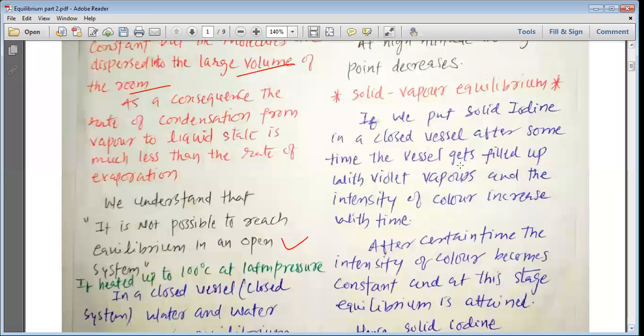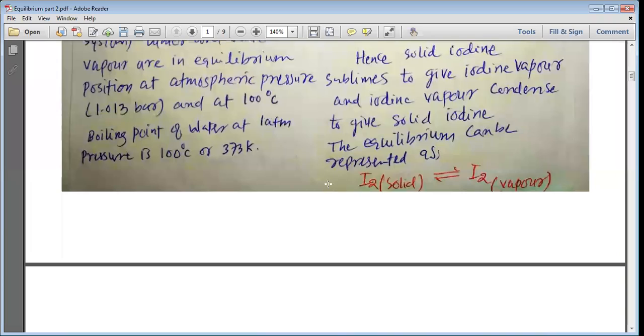Then, my dear students, we have studied the solid-vapor equilibrium. For that, we understood the equilibrium that is established for iodine solid and iodine vapor. So, if iodine solid is kept in a transparent closed vessel, the vapor of iodine is formed, and thus the intensity of color slowly increases.